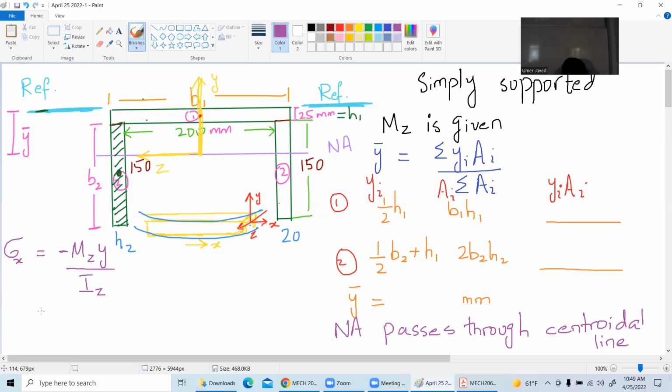And you have to find the Iz. Students who are getting confused by the axes: this is y, this is z, and this is x. In this way, you can find it.